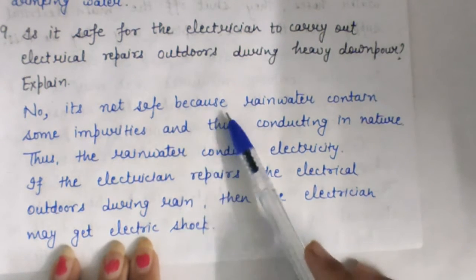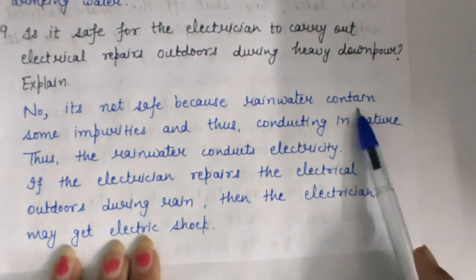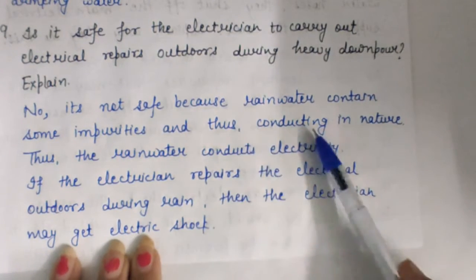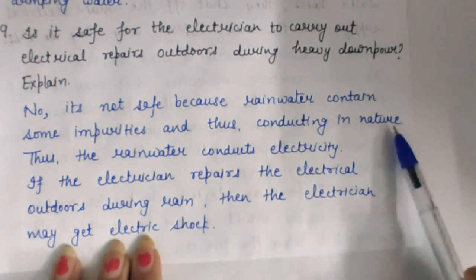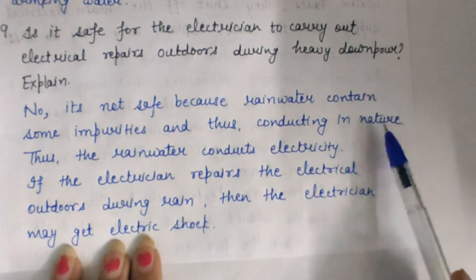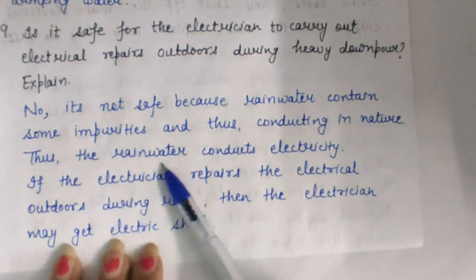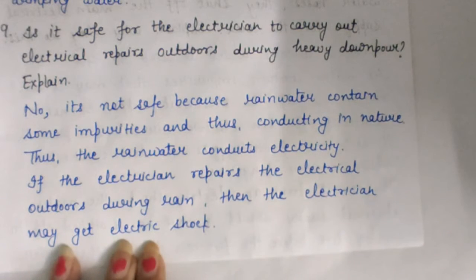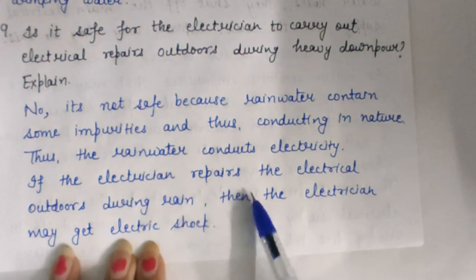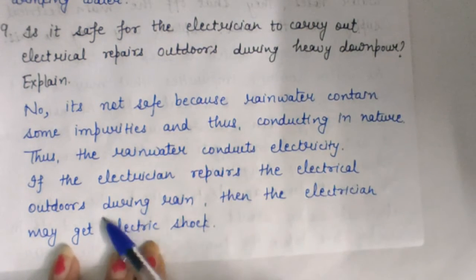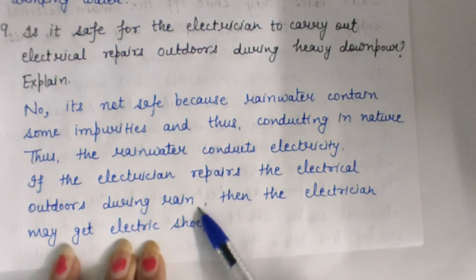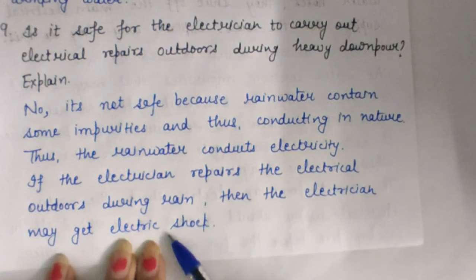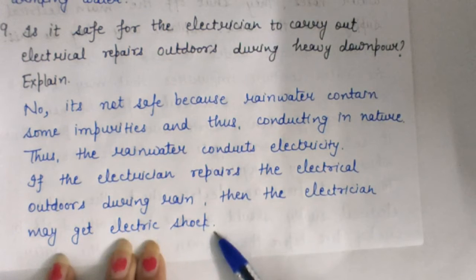Why? Because rainwater contains some impurities and thus is conducting in nature. Means rainwater is conducting in nature. Thus the rainwater can conduct electricity. If the electrician repairs the electrical outdoors during rain, then the electrician may get electric shock.